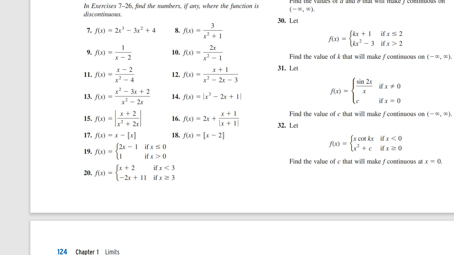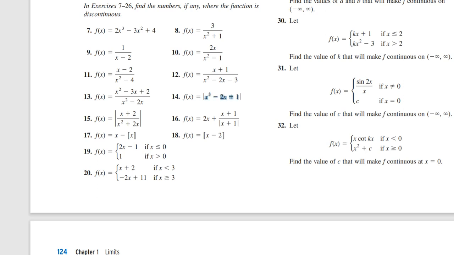And then let's see, we will take a look at maybe number 16. Okay. Number 14, look at absolute value. Remember, at some point in our lecture, I wrote down that the absolute value of continuous functions are continuous. So inside the absolute value, number 14, you have a polynomial function, right?